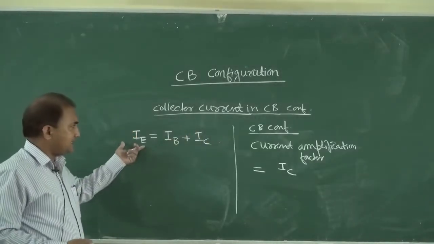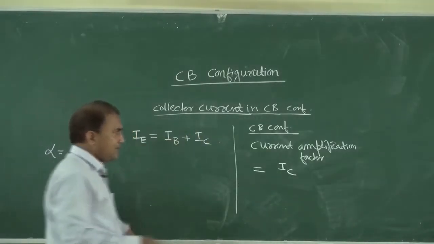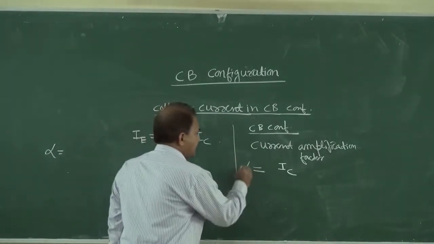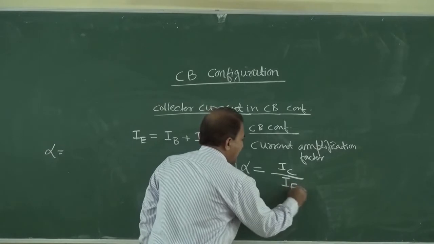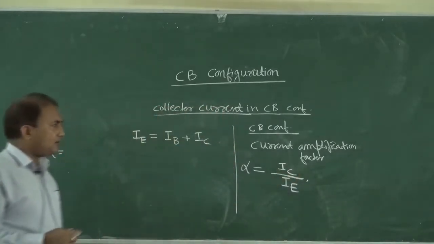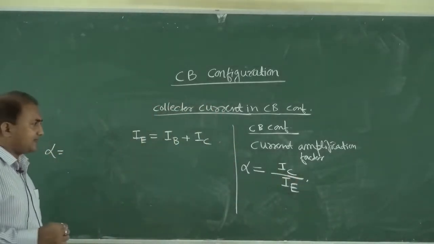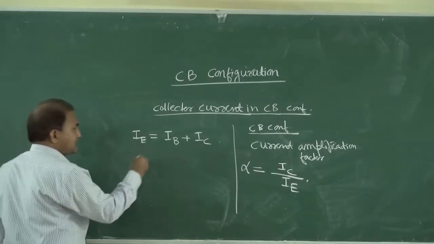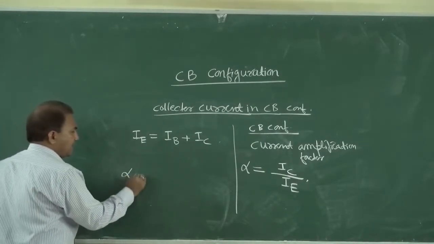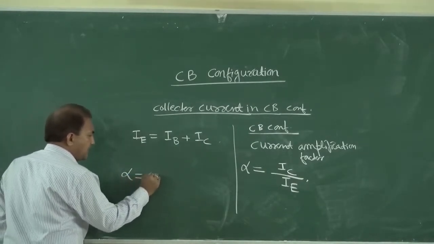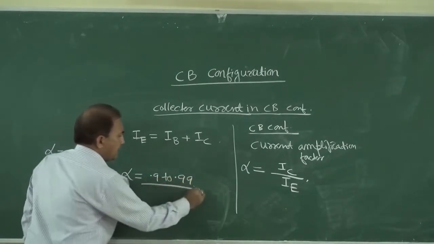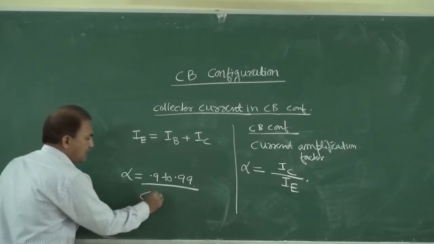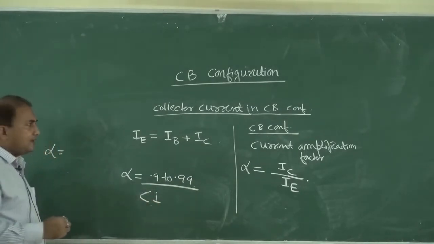The current amplification factor alpha is equal to IC divided by IE. Normally in case of common base configuration, alpha varies from 0.9 to 0.99, and its value is always less than unity.